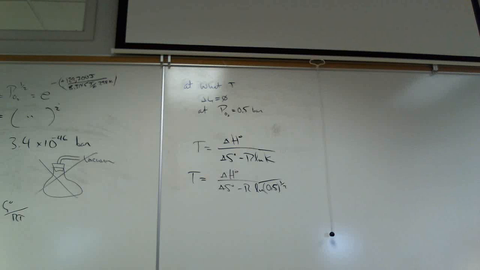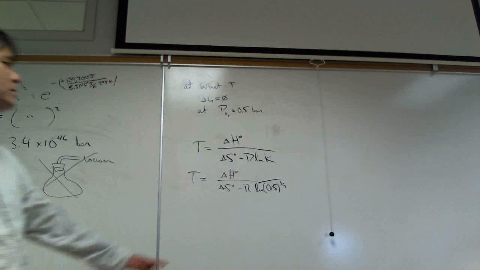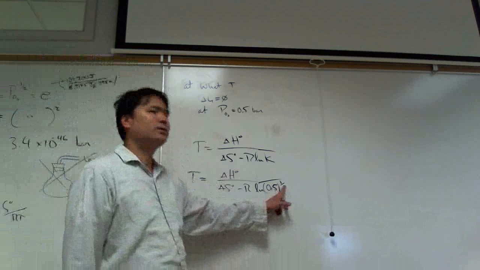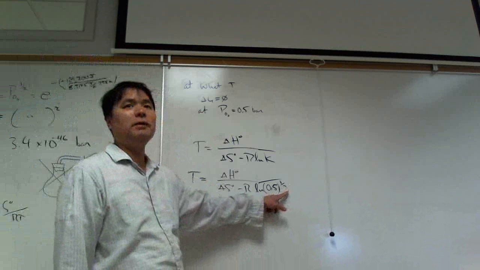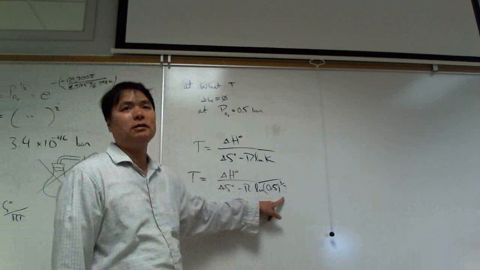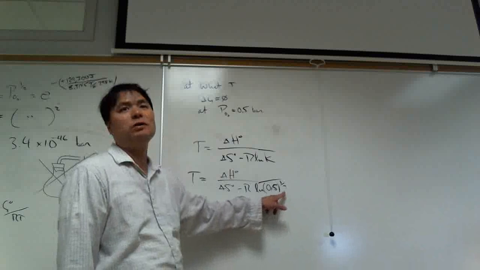The 1/2 comes from the coefficient. It's 1/2 O2. And this is G raised to little g divided by A raised to little a. Well, A raised to little a is 1 to the 1.